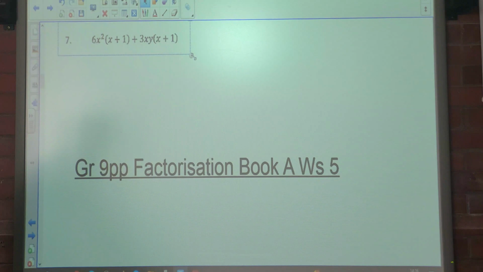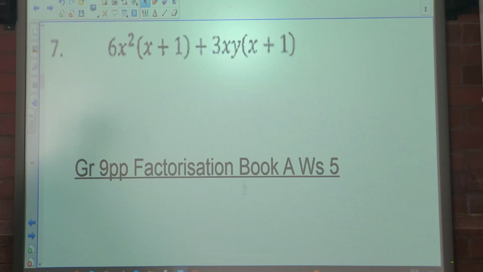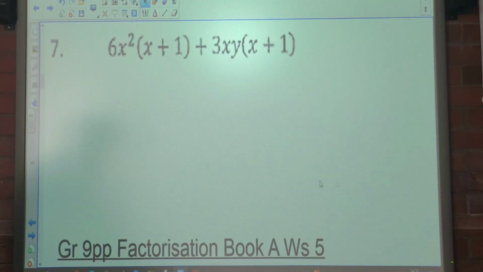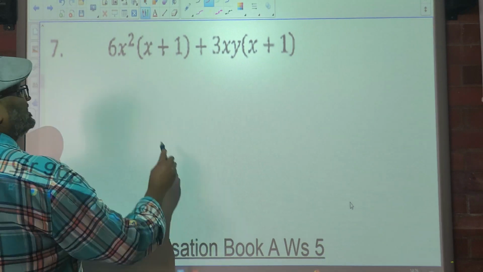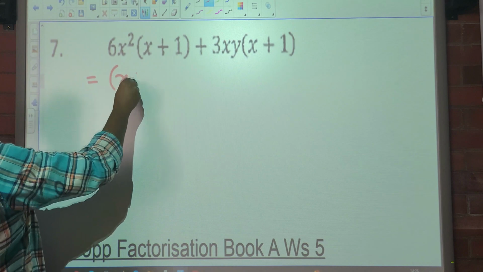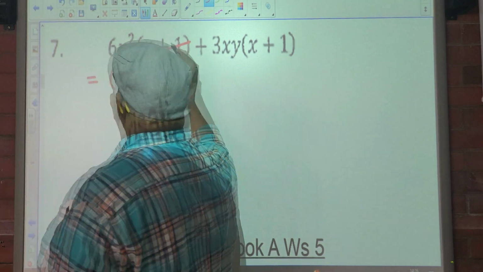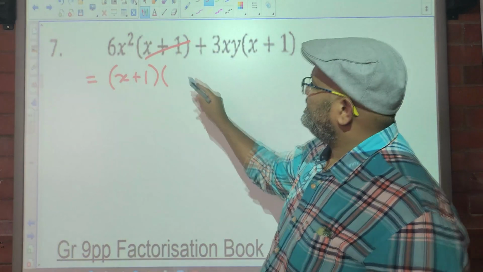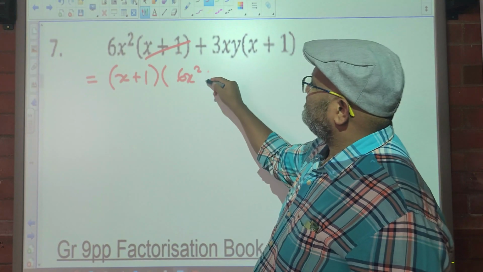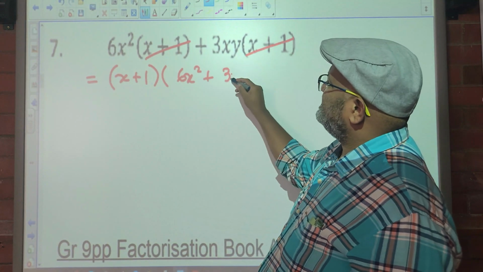Number 7. You got 6x squared into a plus 1 plus 3xy into x plus 1. What is common here? X plus 1. If I take x plus 1 out as a common factor, what are we left with? 6x squared plus 3xy.